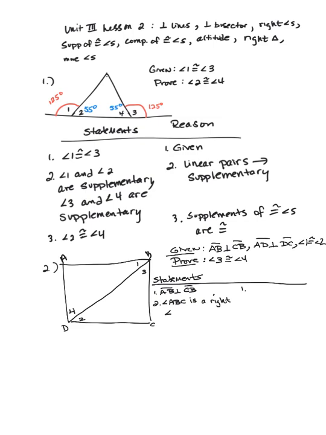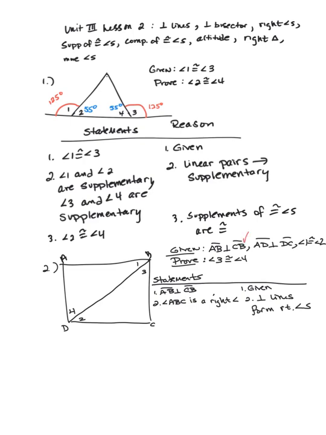Okay, so number 1 was given. Okay, number 2, ABC is a right angle. So that's because perpendicular lines form right angles. You can abbreviate right as RT. Okay, but then I check off that given, right?